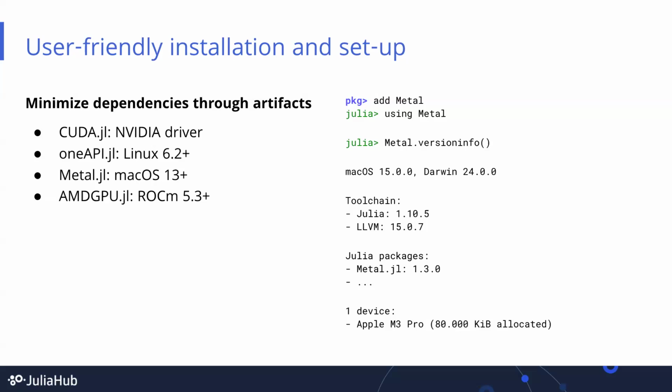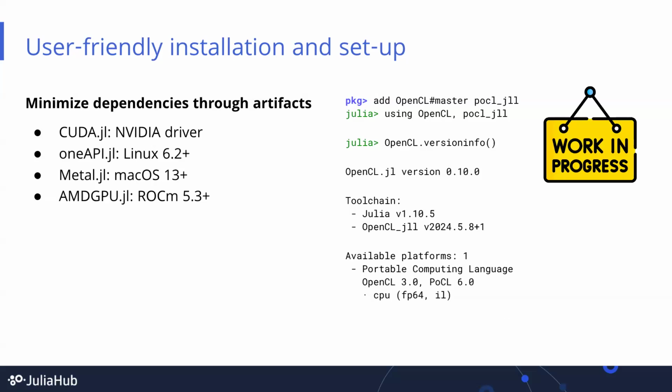And lastly, if you sadly do not have a GPU, you might still be able to use our experimental OpenCL wrapper, which does support CPU execution. We don't anticipate this becoming one of the important backends in the Julia GPU ecosystem, but it can be relevant for certain embedded devices, and as demonstrated here, it can be relevant for CPU execution when you don't have a GPU at your disposal, but you still want to execute some GPU code that you have developed, for example.